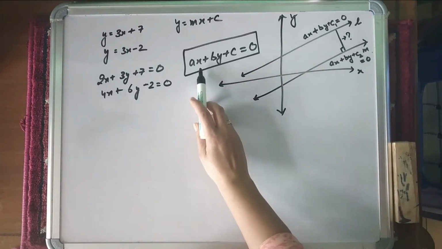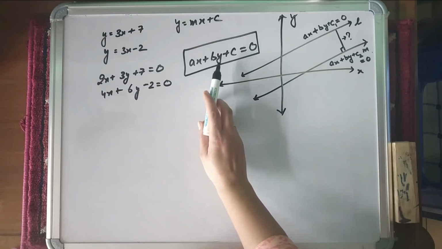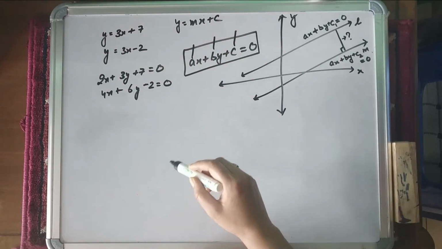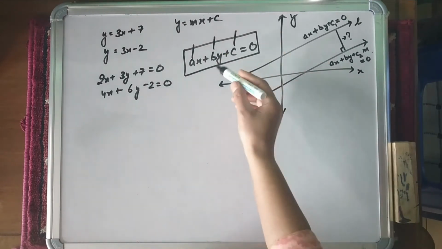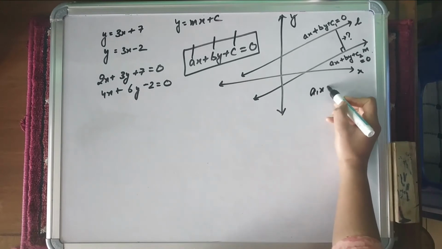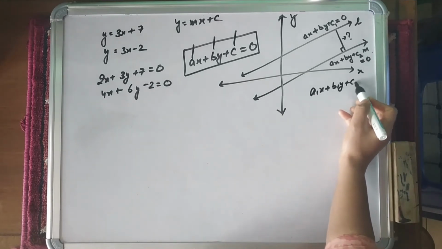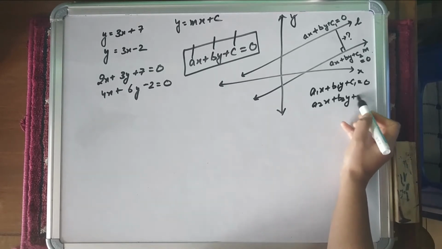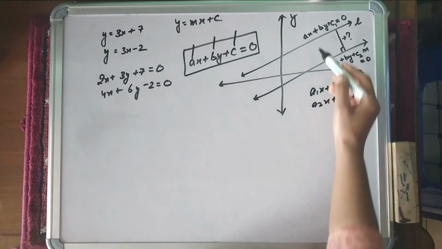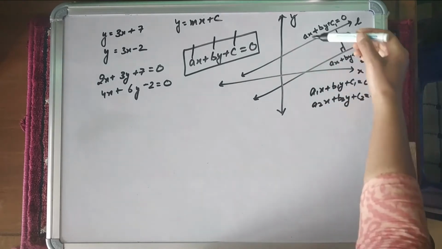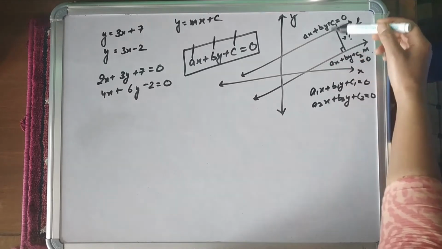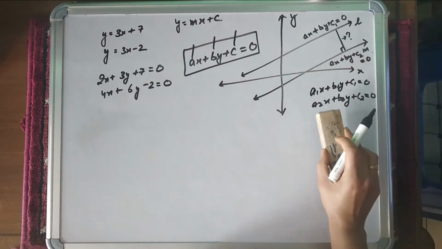That means all lines match this format, and one line differs from another in A, B and C. Whenever we take two lines, we should take them as A1x + B1y + C1 = 0 and A2x + B2y + C2 = 0. But here I am not taking them like this. I am taking A1, A2 as A and B1, B2 as B, meaning they are the same.